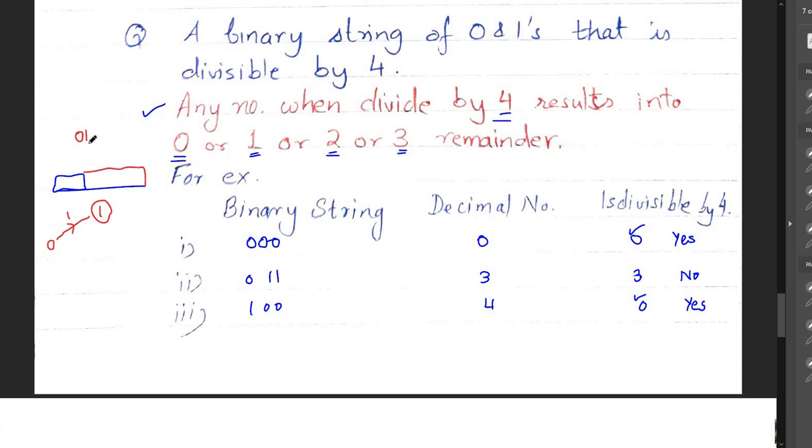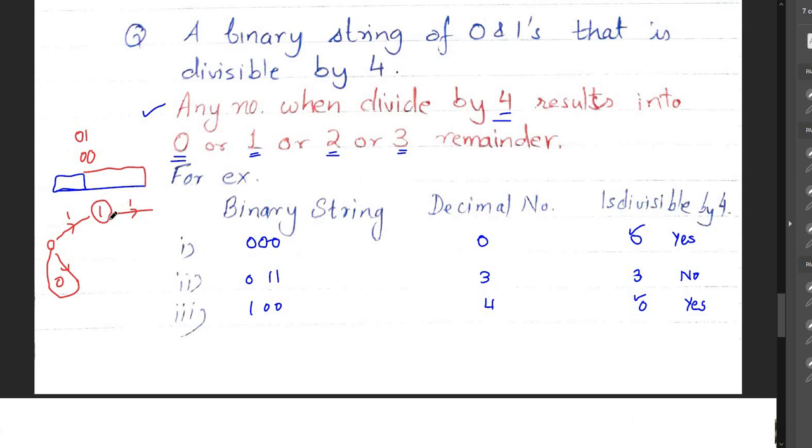And let's suppose I get a 0. Then the remainder will remain 0. Here the previous bit was 0 and the new bit is 0, and the remainder of 0, 0 is 0. So basically we will reach the same state. Now consider remainder 1. If I get a 1, what is the remainder?